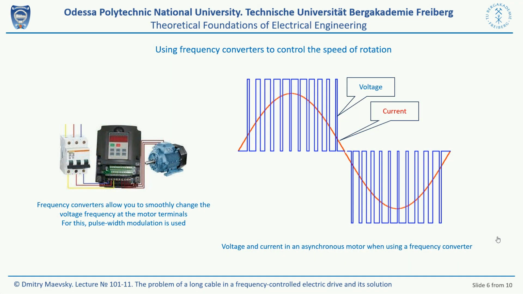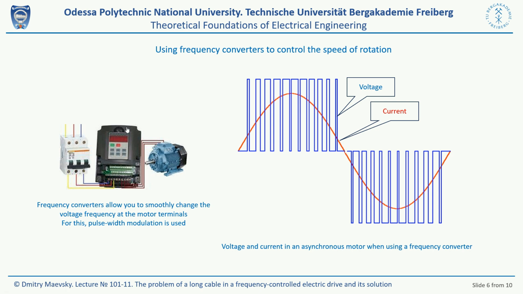As we have already said, the most effective way to control the speed of rotation of an asynchronous motor is to change the frequency of the voltage. But if the frequency of the voltage in the network is unchanged, then this means that the motor must not be connected directly to the network, but to a device that allows you to change the frequency.